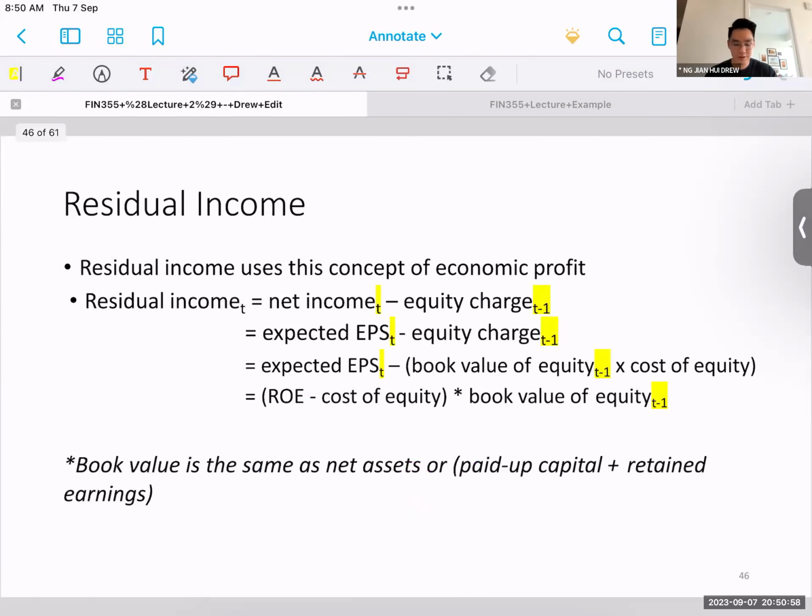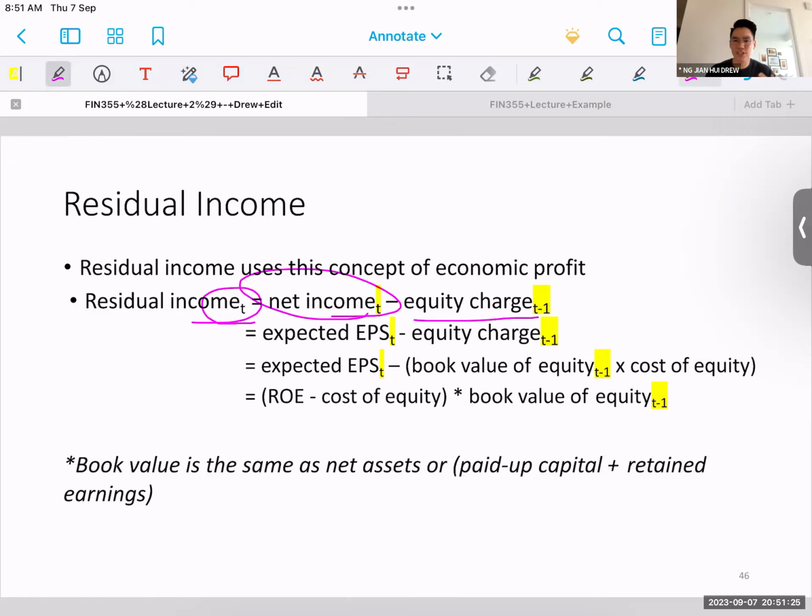Now, this formula looks a bit scary, but I'll again explain the intuition. So if you understand what I mentioned earlier, this will make a little more sense now. So residual income, what does it mean? It's the income that is left over. So residual income in year T is your net profit, right, minus your equity charge.